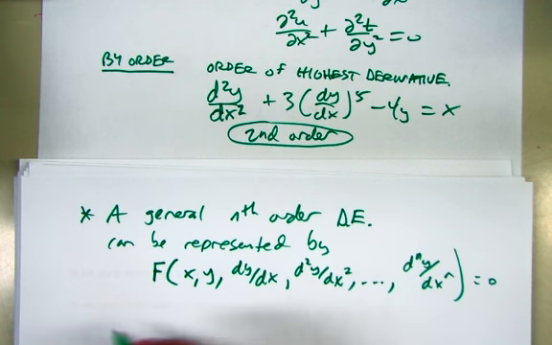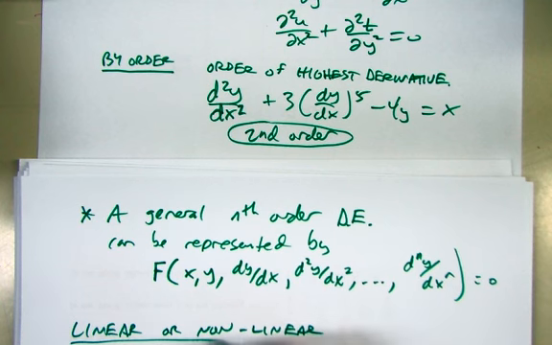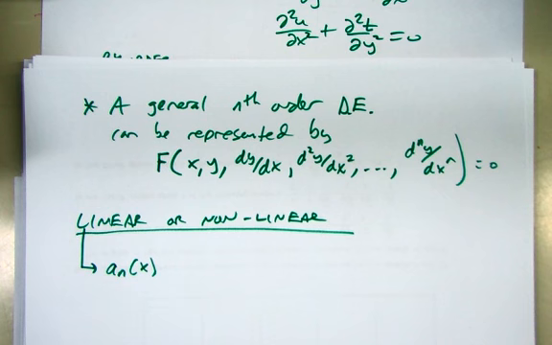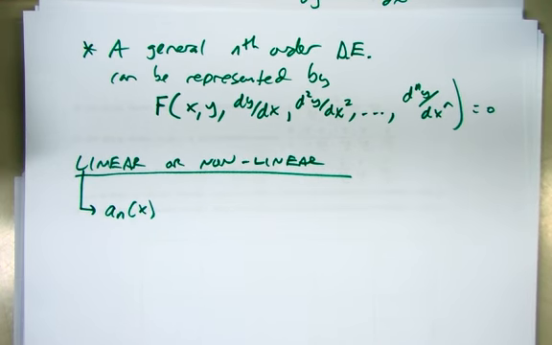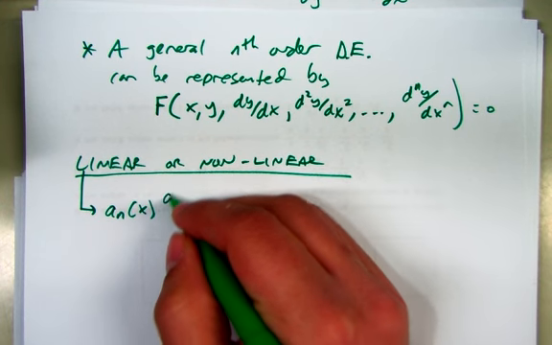Okay, and then we also have linear or nonlinear. Linear is actually something we'll focus on quite a bit. The general formula for a linear differential equation is you have a coefficient possibly in terms of x times the nth order derivative.